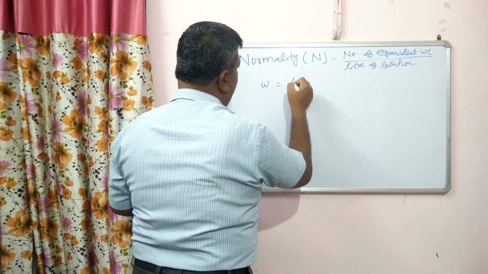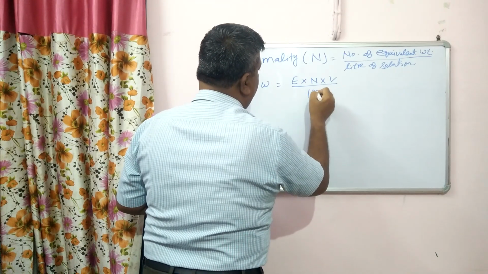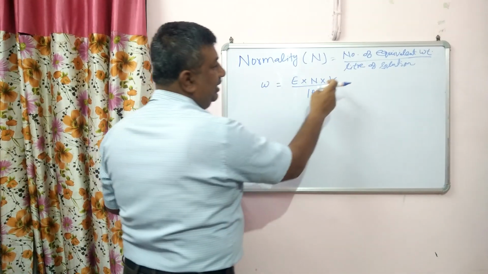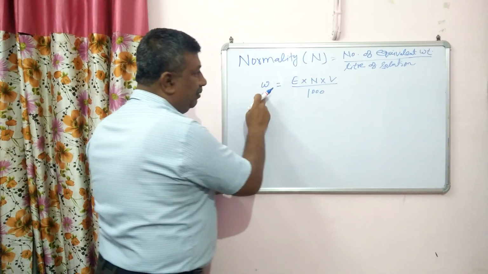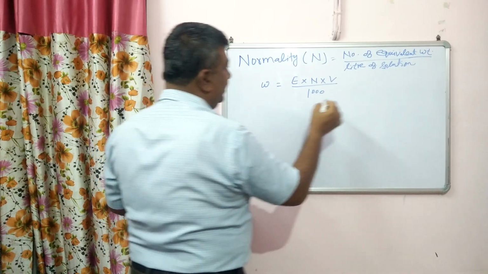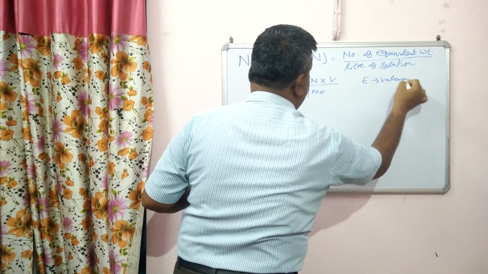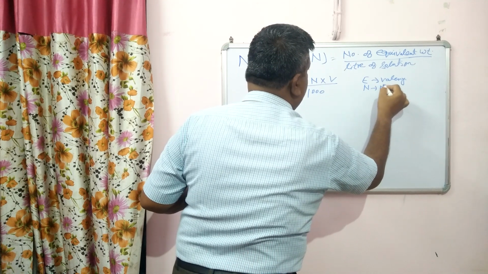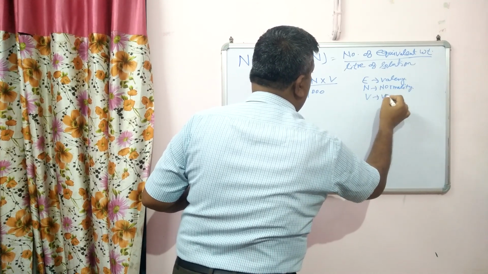W is equal to E multiplied by N multiplied by V, divided by 1000, where V is in ml. W is the amount in gram, E is the equivalent weight, N is normality, and V is volume in ml.